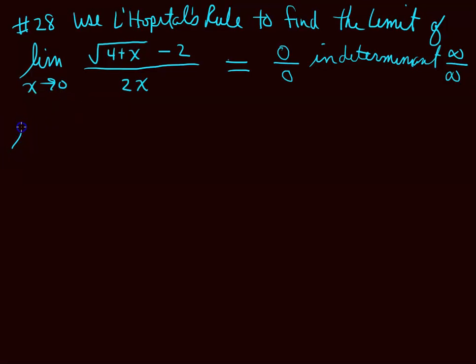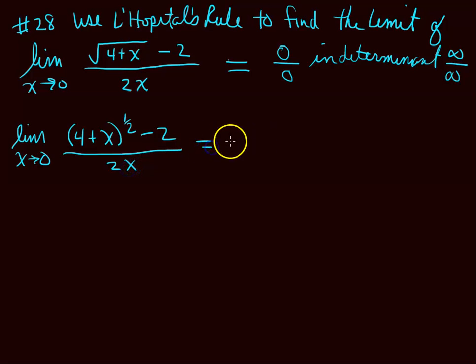So what you do is you take the derivative of the numerator individually and then the denominator individually. Now I'm going to write this as 4 plus x to the 1/2 minus 2 because that's easier, over 2x. So this becomes the limit as x approaches 0.